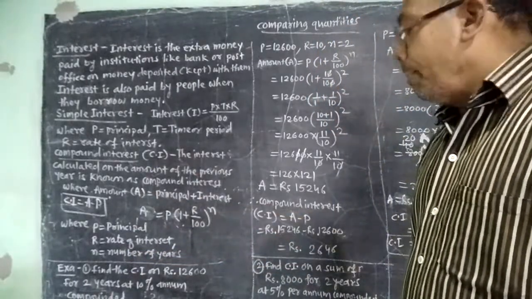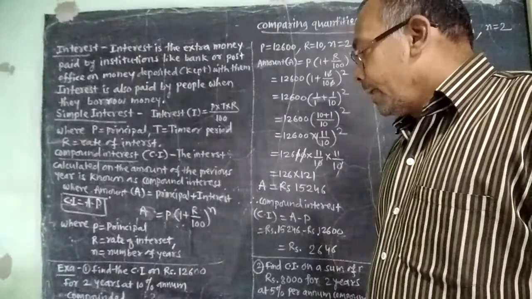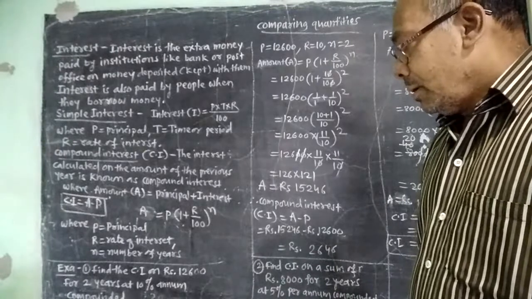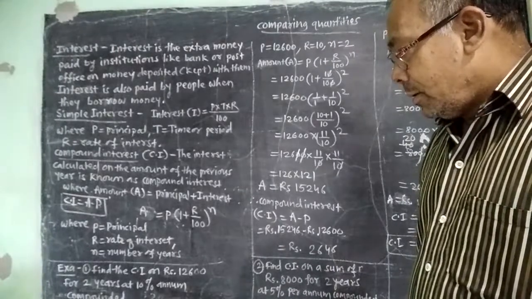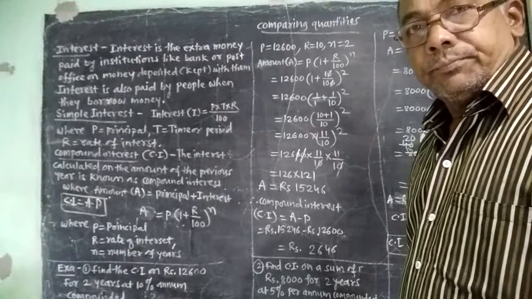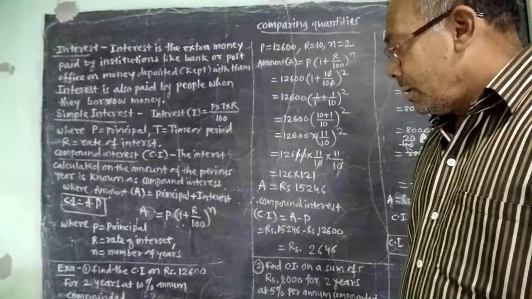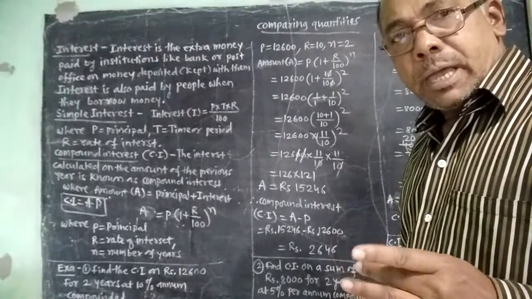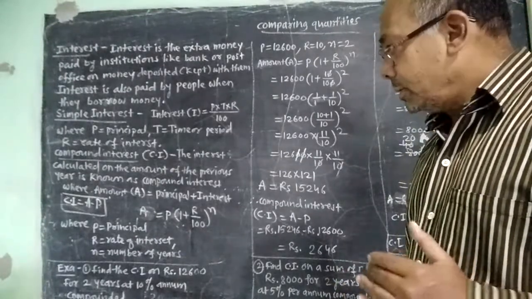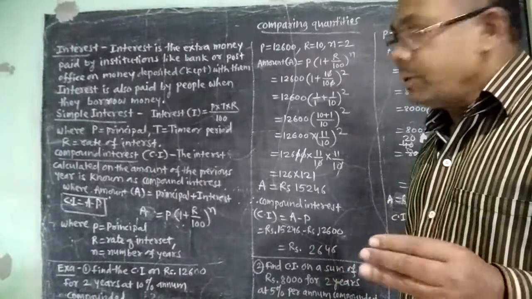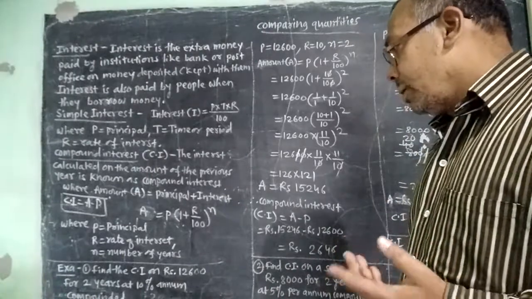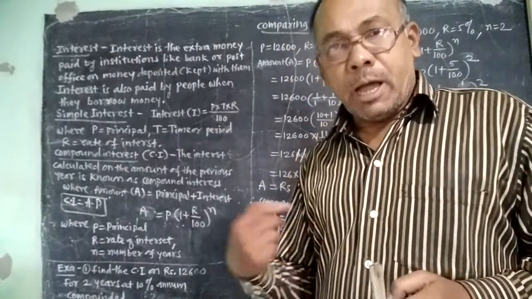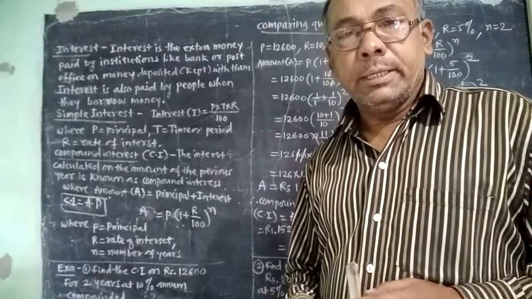Here, compound interest can be calculated for annum, means 1 year, half year, and quarterly. Means there are three types of compound interest, that is computed yearly, half yearly and quarterly.